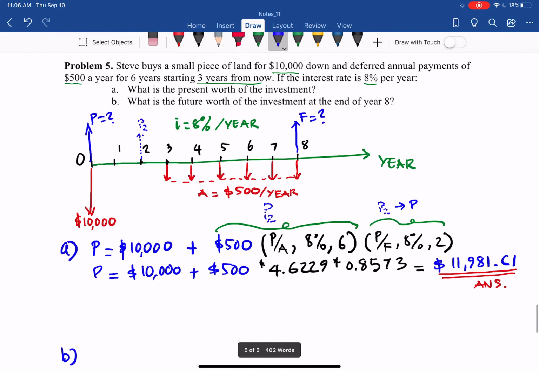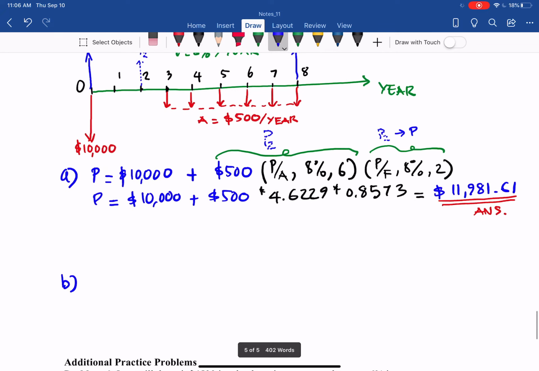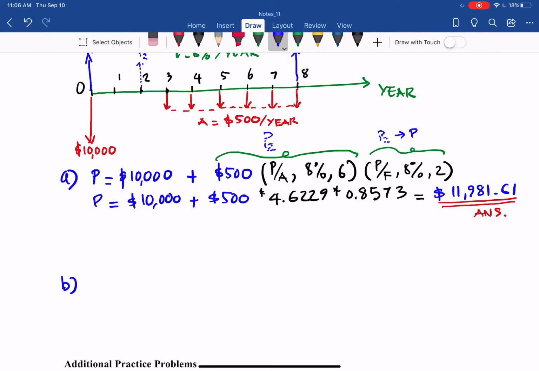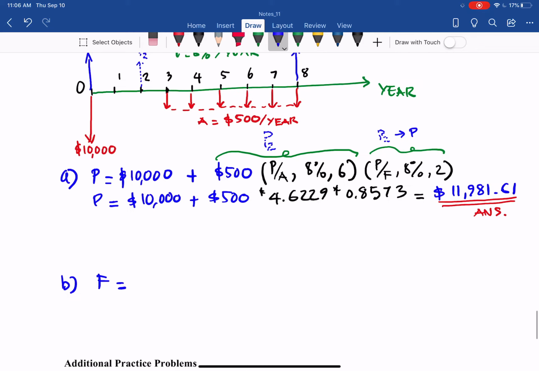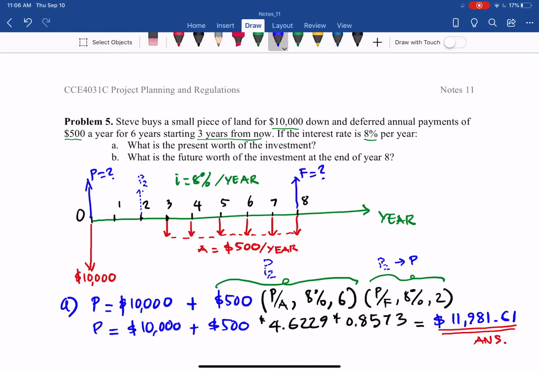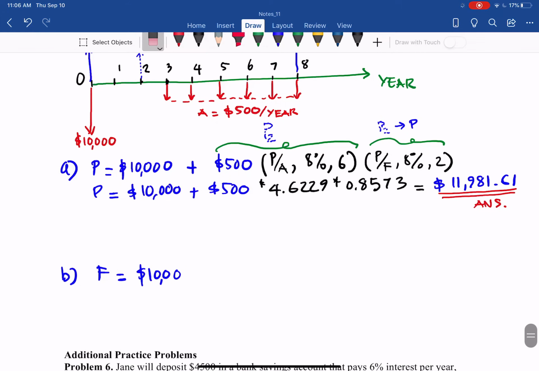What is the future value of the investment at year 8? So we can do that as well. So B. F equals, at first we have 10,000 down, so you have 10,000. But that is at year 0 and we want year 8, so you have to convert that to year 8.